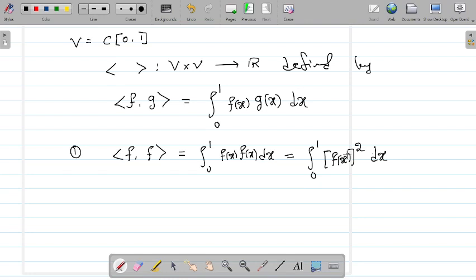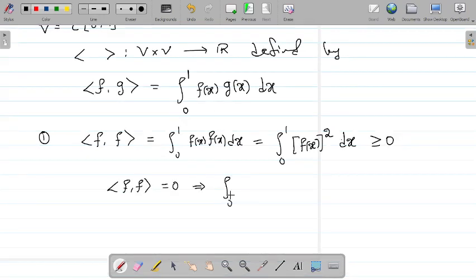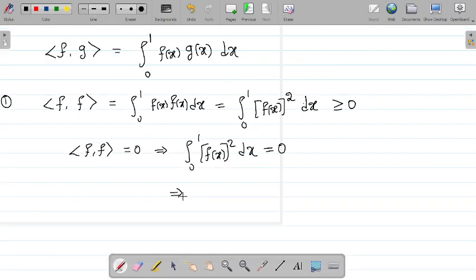And the next thing, what happens if this inner product is 0? That implies integral 0 to 1 f of x whole square into dx equal to 0. Now we can apply the logic which was told by Ramadevi. Since you have a positive function here, f square, it means the function is totally above the x-axis only, or on the x-axis.